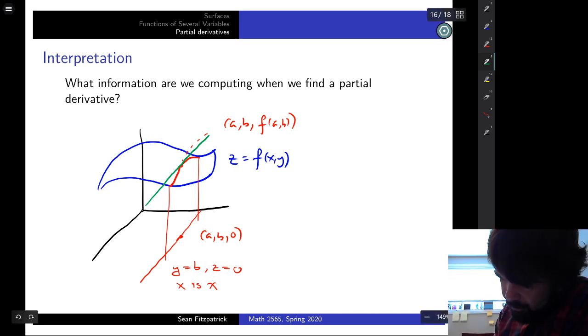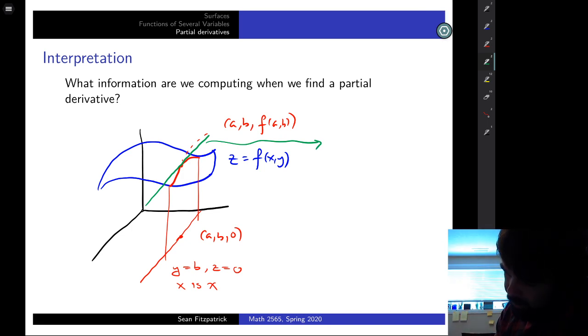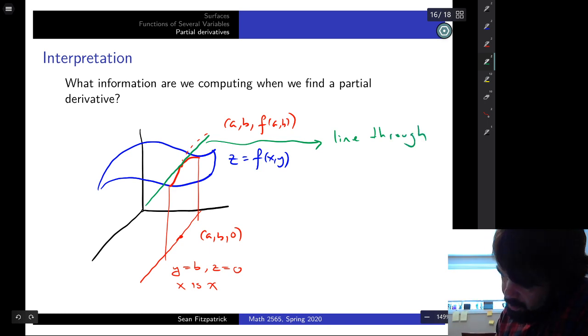Well, that line there is a line through the point (a, b, f(a,b)).